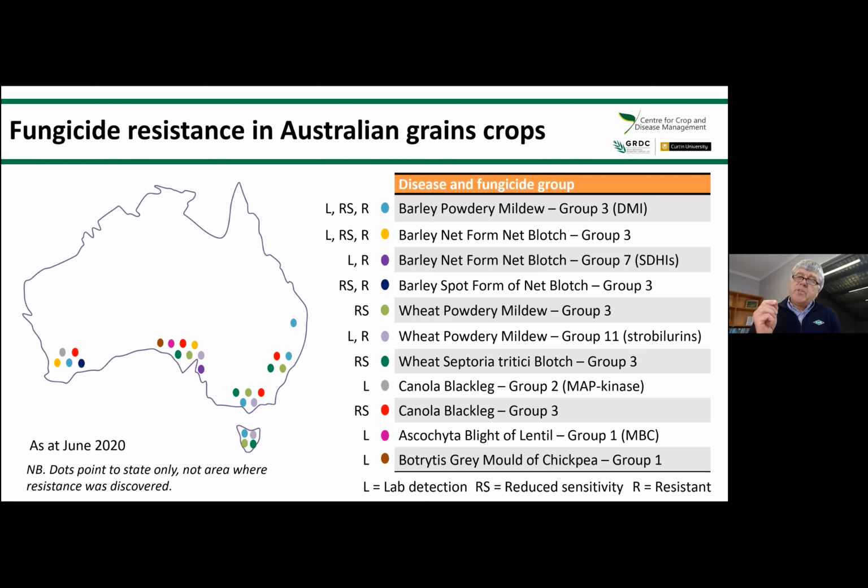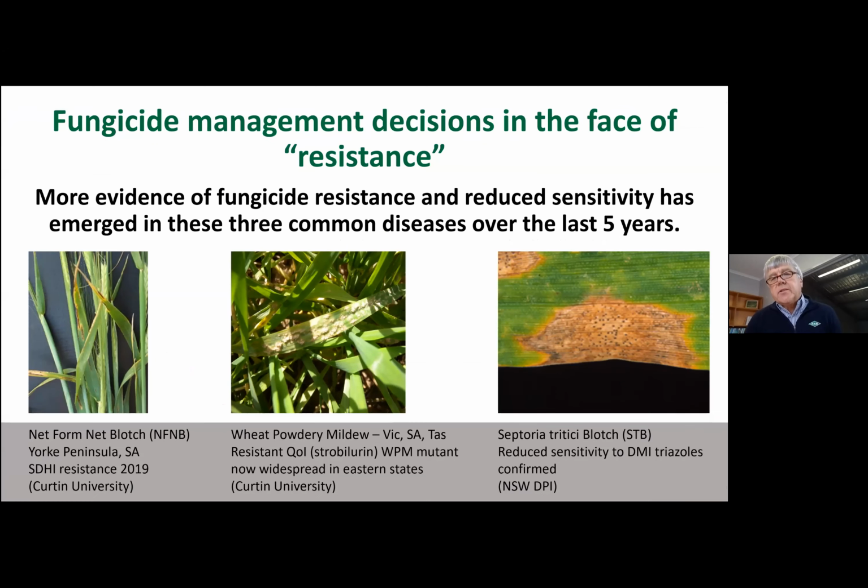We can see represented by reduced performance in the field or reduced sensitivity, to full-blown resistance where those products don't work. But if you look carefully, what you can actually see is that our rogues gallery probably in cereals is very much looking like this.